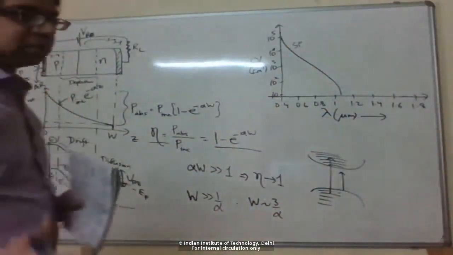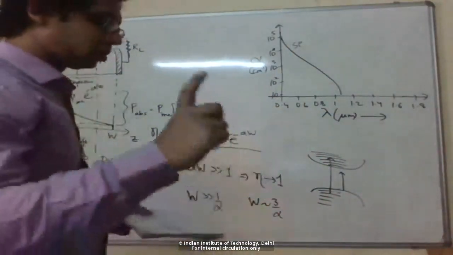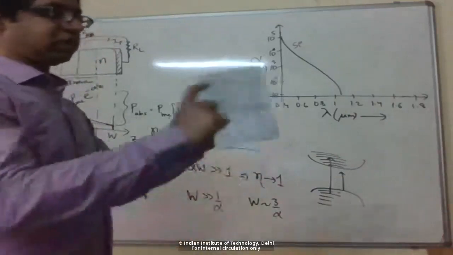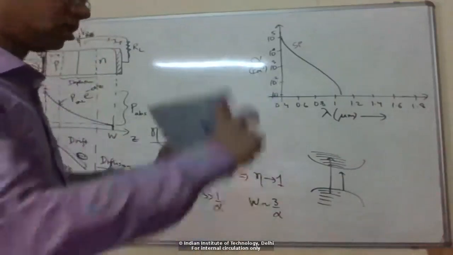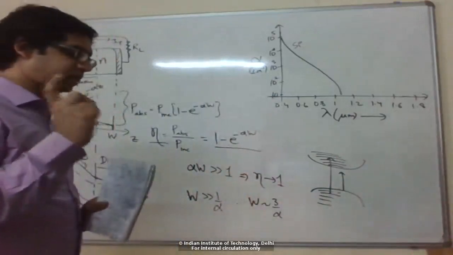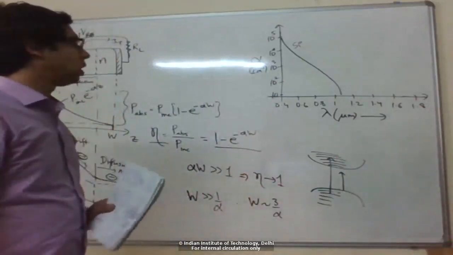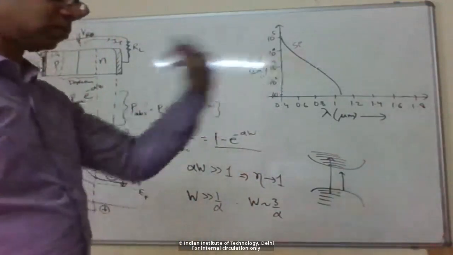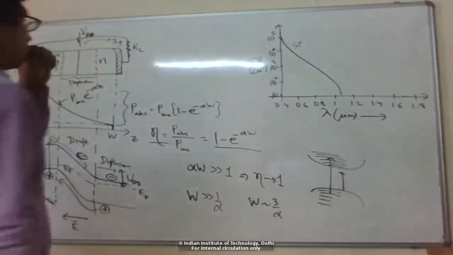So they are very good. For example, on your cell phones, or in any commercial camera, the CCD or CMOS sensors used are typically made out of silicon, because they are detecting visible light.